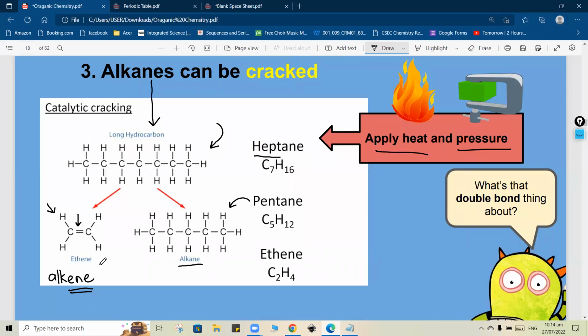Lots of practice. Now, before you ask this question, whenever you apply heat and pressure, will it always break up into 1, 2, 3, 4, 5, and 1, 2? Not always. It's almost like a random procedure a lot of the times. Sometimes it would break up such that instead of getting 5 here, you will get 1, 2, 3, 4.